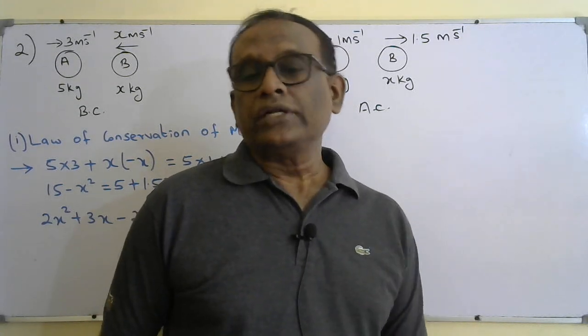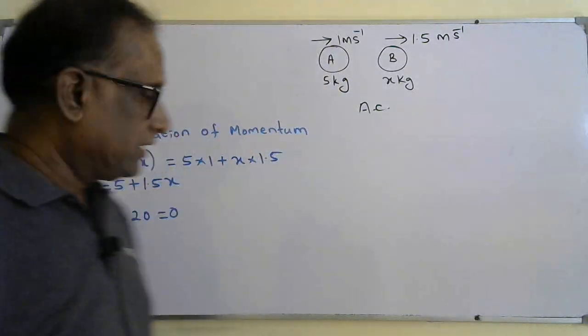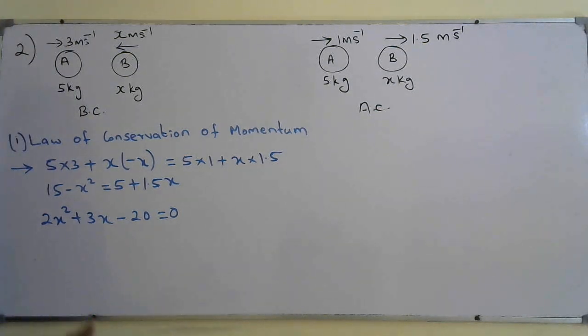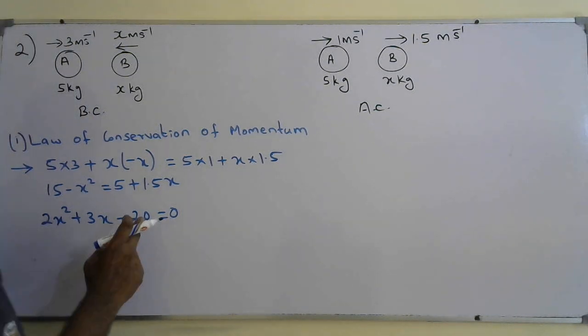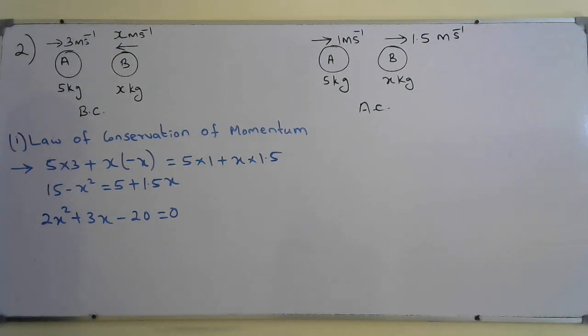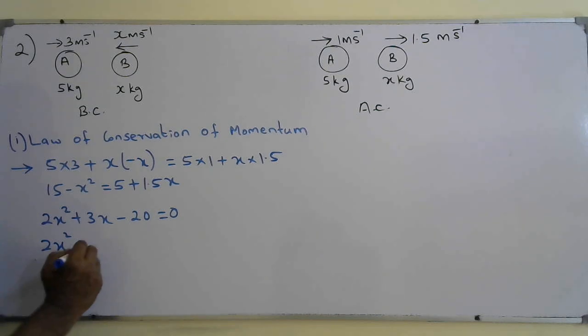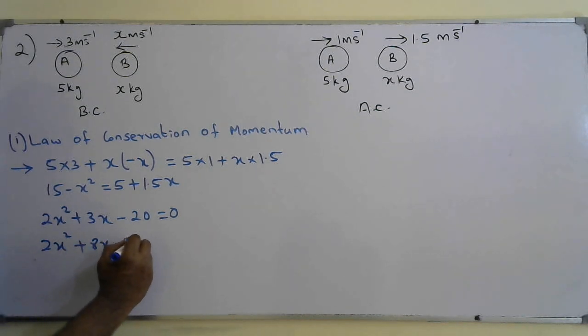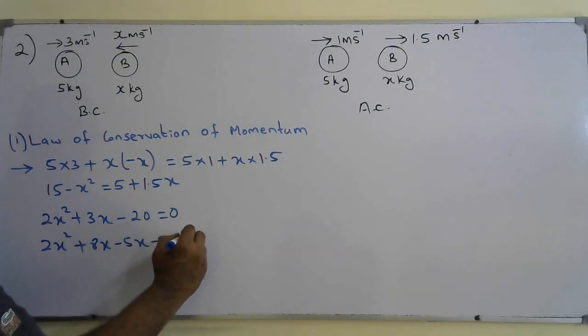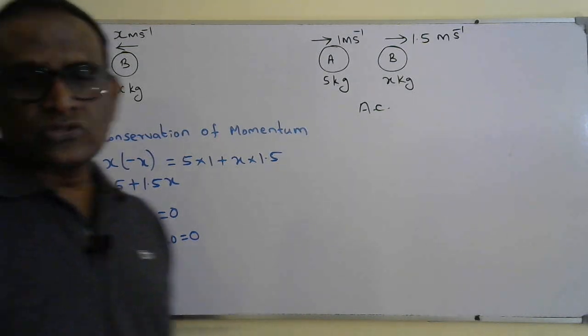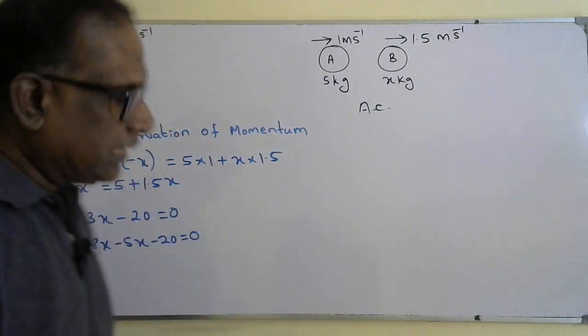In equation mode, you can solve it or factorize it. You can use the calculator, no problem. But if I factorize it, 2 into 20, 40, that could be written as 2x squared plus 8x minus 5x minus 20. Anyway, I'm just doing factorization, but it's not necessary. You can use the calculator to solve and get the value for x.